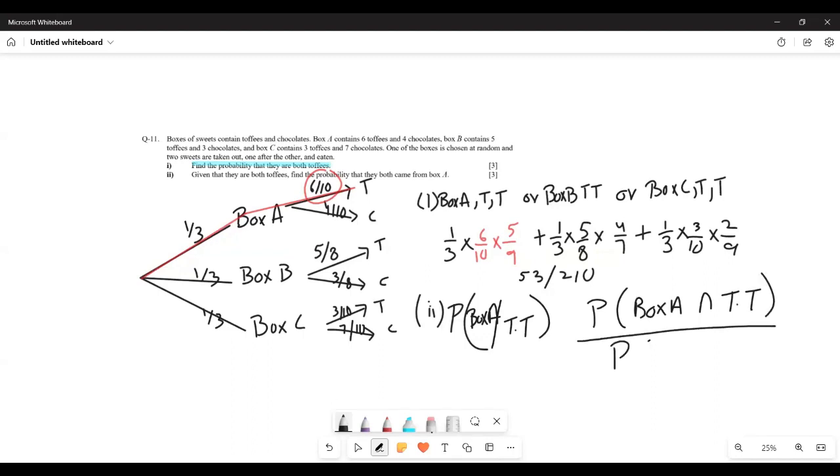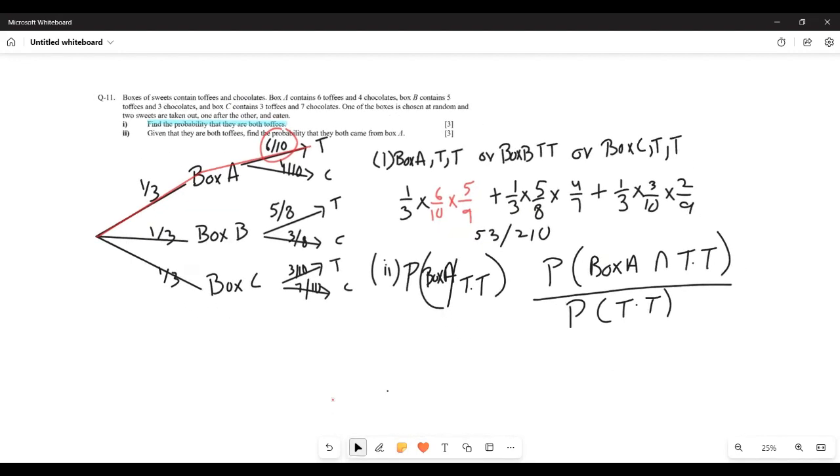The denominator is the probability of getting 2 toffees from any of the boxes. So box A is 1/3. The probability of getting the toffee for the first time is 6/10, and the probability of getting the toffee again is 5/9.